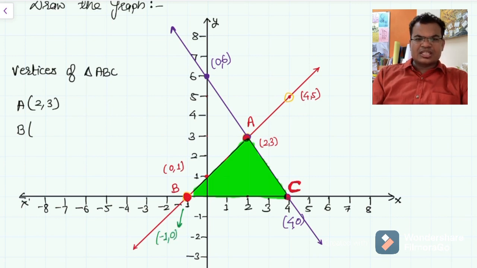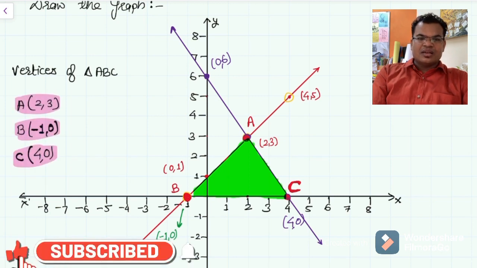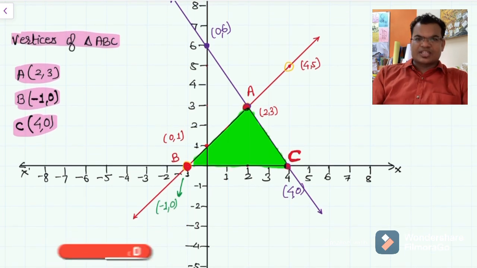Which point is this? This is B. So B's coordinates will be minus 1 comma 0, right? And the last coordinate of the triangle, C, is 4 comma 0, which is clear. So these three vertices of the triangle are clear to you all, guys. The vertices of the triangle portion is completed.